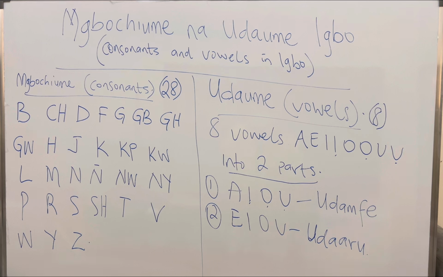So these are the 28 consonants that we have in Igbo language.